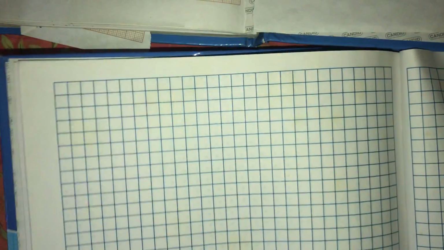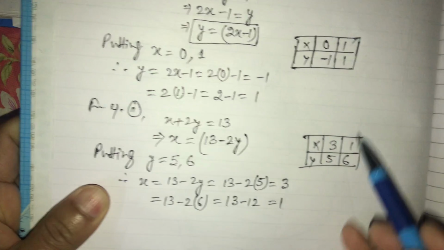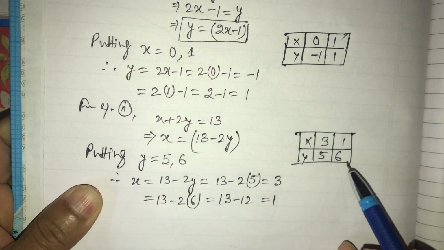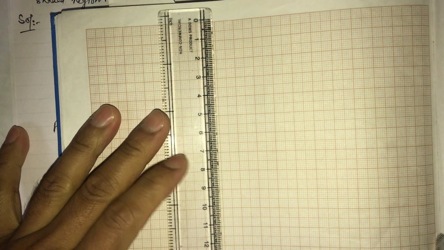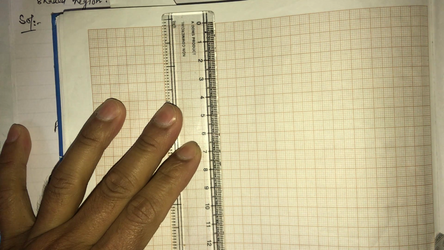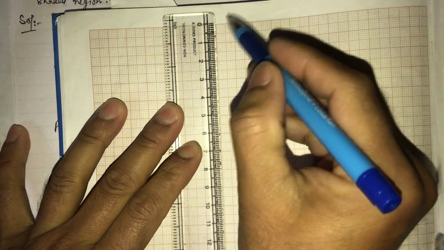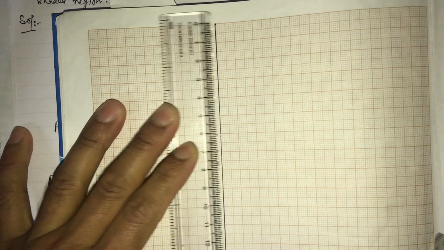If we see the table, the values are 0, minus 1, 1, and here 5 and 6, the highest value is 6. So let's go for positive 6 in y. The main part is to get this table correctly. If you get the correct table, plotting the graph is quite easy.